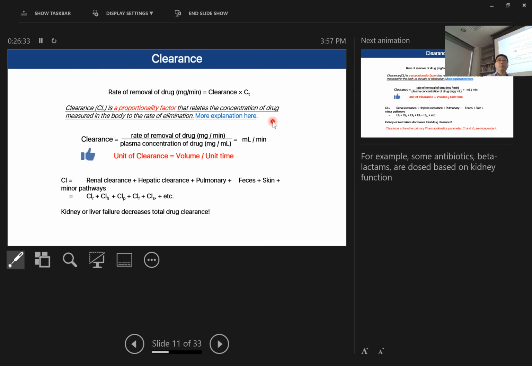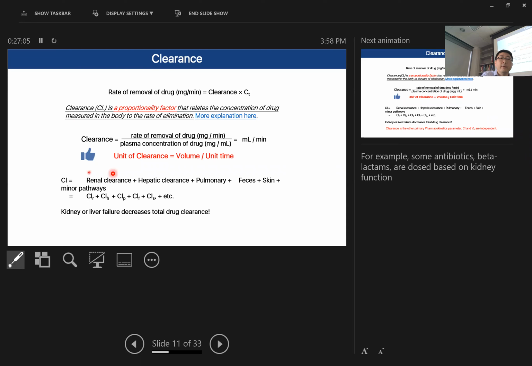Don't worry, we'll get there. C0 is not easy to get an accurate number for. That's why they don't want to use C0 to calculate all these parameters, because C0 is actually an estimated number.